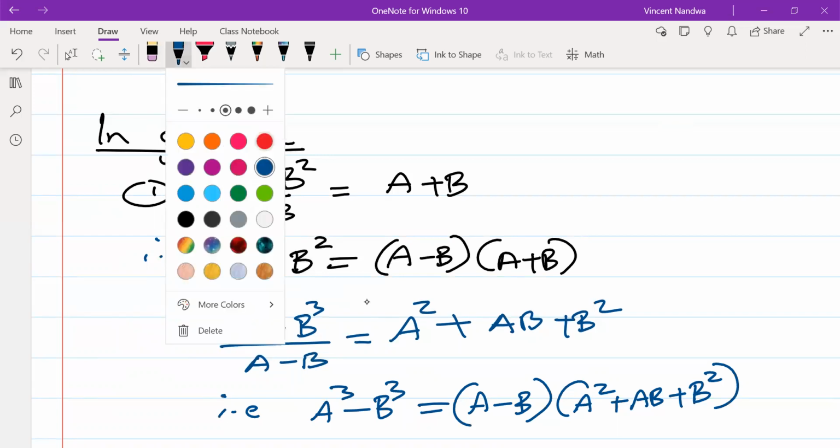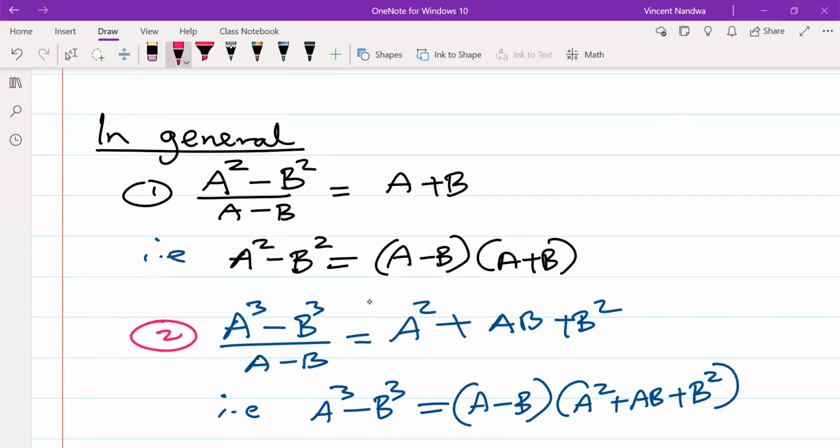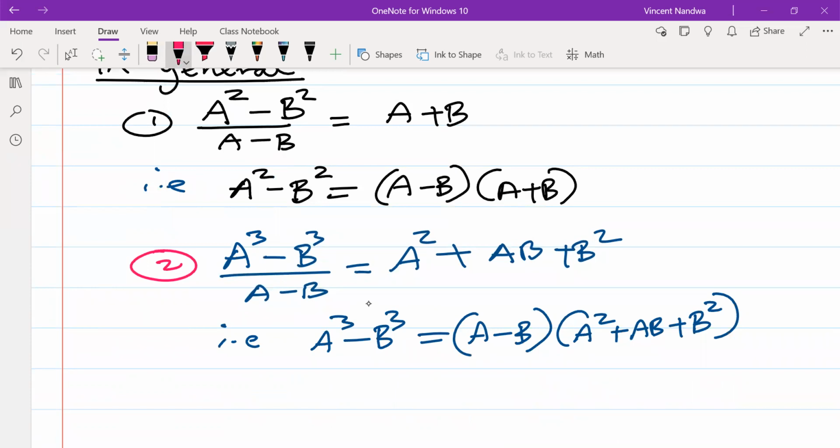So these are difference of two squares, and this you may say a difference of two cubes.